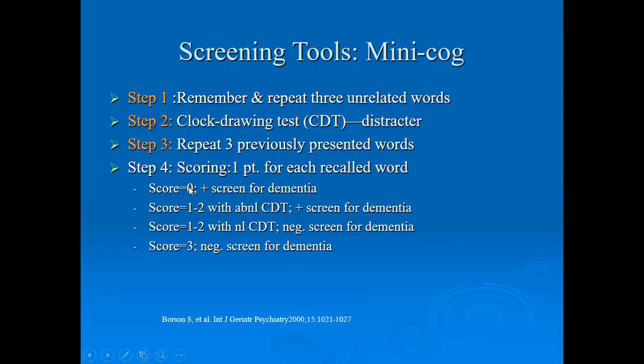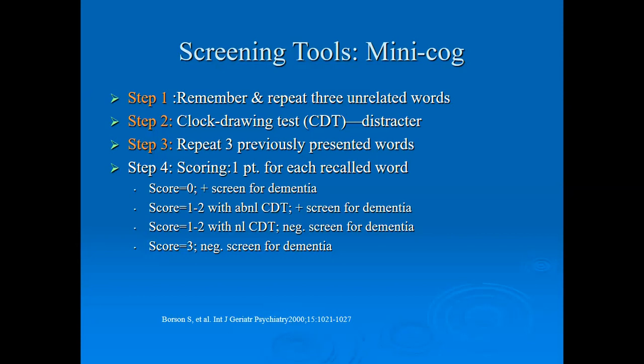The second scenario is a score of 0. A patient does not remember anything from the previous words, so that is also positive for dementia. But the problem lies if the patient remembers 1 or 2 words, not 3 and not 0. Then you are going to assess the clock draw test.